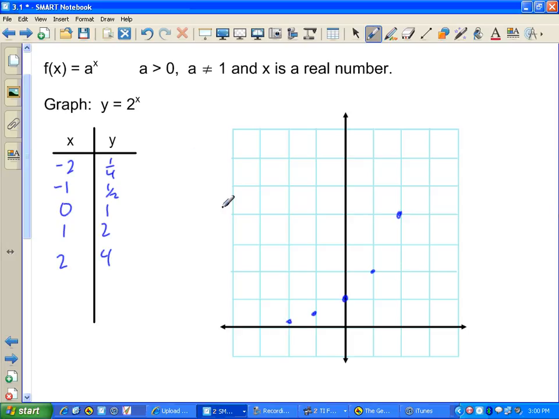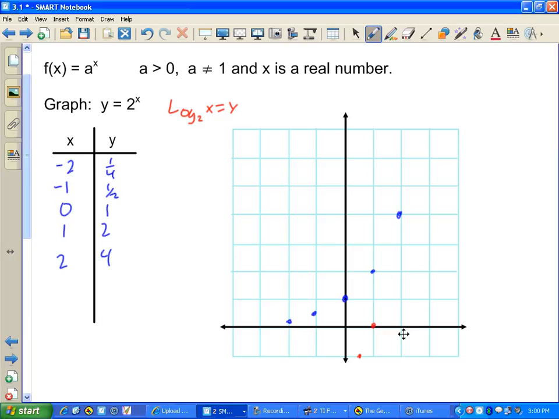And if you remember the log function, if I graph this log function on here also, we're going to have this kind of a deal. Because log base 2 of 1 is 0.